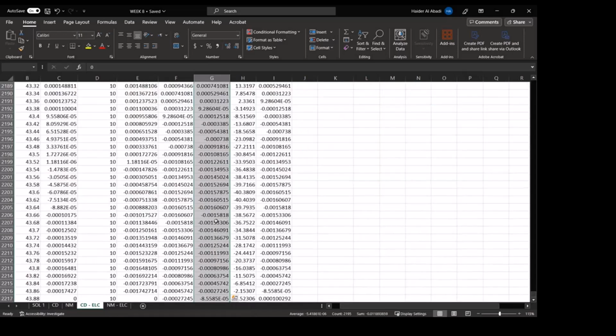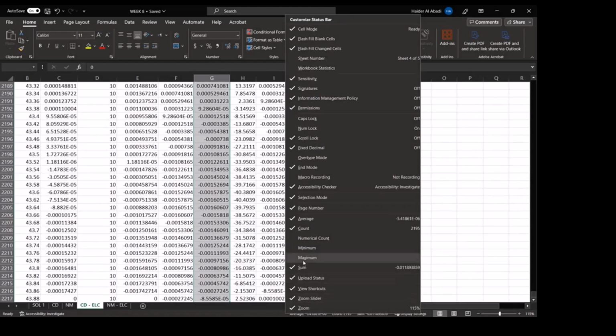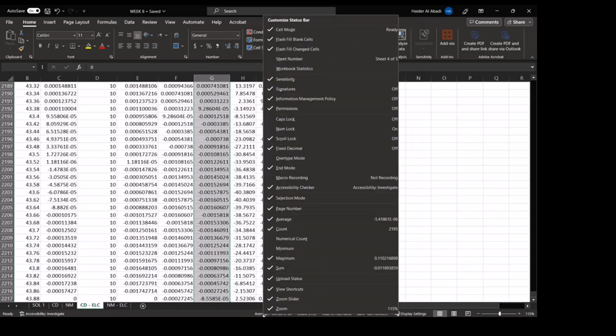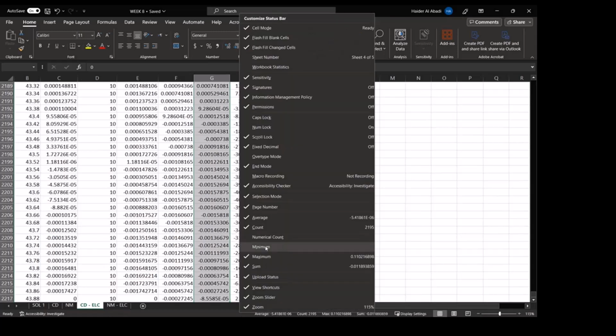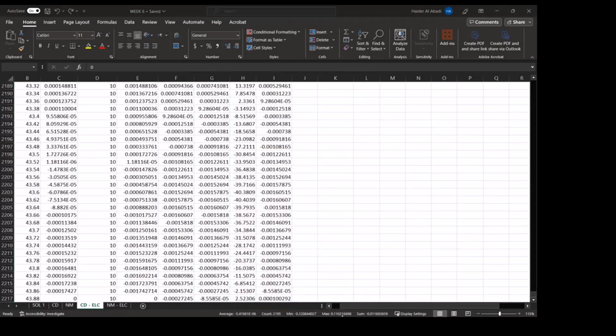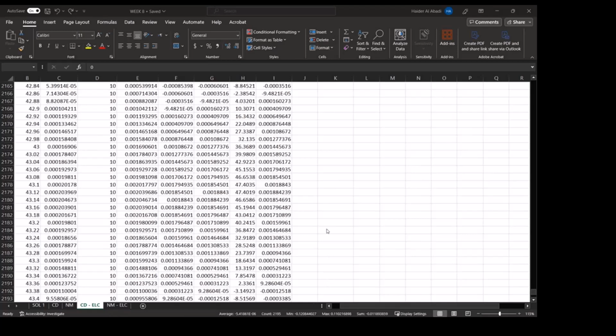If I just highlight all this, it tells me the maximum was 0.1, but I will also ask it to report the minimum. Have a look here. The minimum is -0.12 and the maximum is 0.1. So the maximum absolute value is actually 0.12.